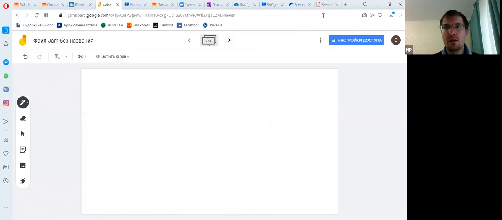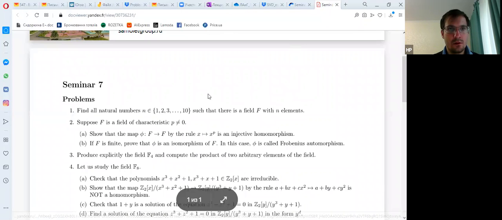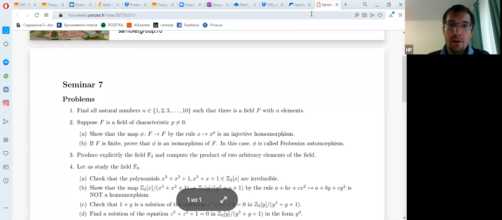Okay, let's begin with number 2. We have a field of characteristic p, and we want to show that this mapping is a homomorphism.